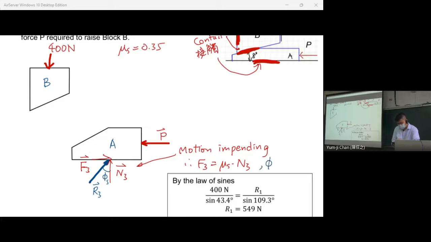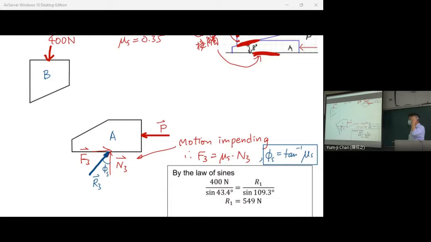Phi s is equal to arctangent of mu s. That is the angle of friction I set on the last page. So write it down first.